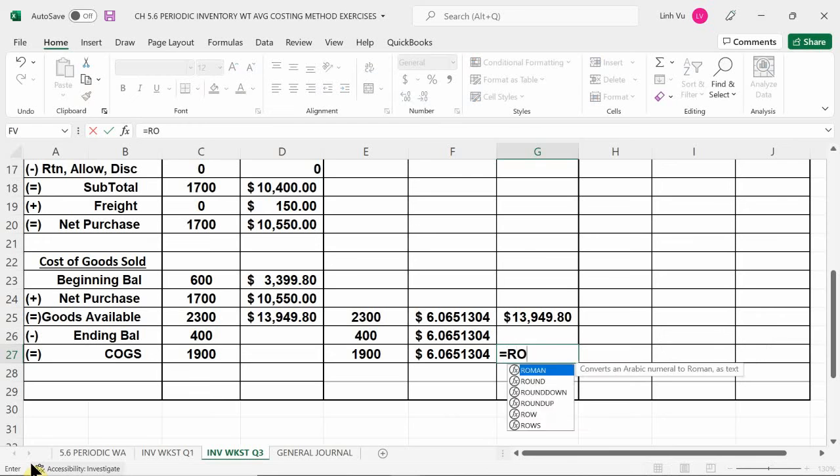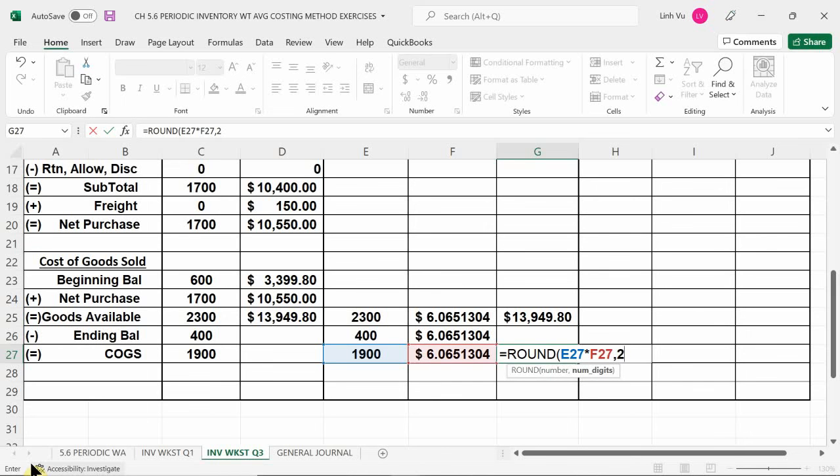So in this case, what is my 1,900 times $6.065130? That's what I'm going to do. 1,900 times 6.065130, 2 decimal places.